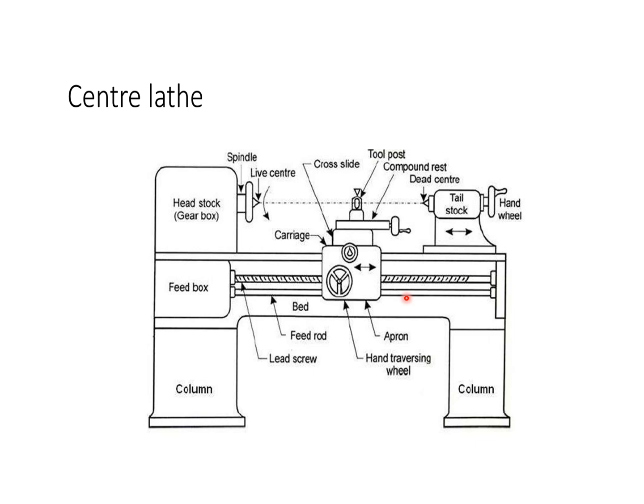When the tool moves perpendicular to the axis of lathe, the movement is called cross feed. This is achieved by moving the cross slide. When the tool moves at an angle to the axis of the lathe, the movement is called angular feed. This is achieved by moving the compound slide after swiveling it to an angle to the lathe axis.